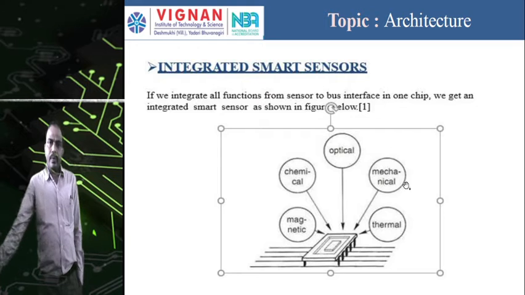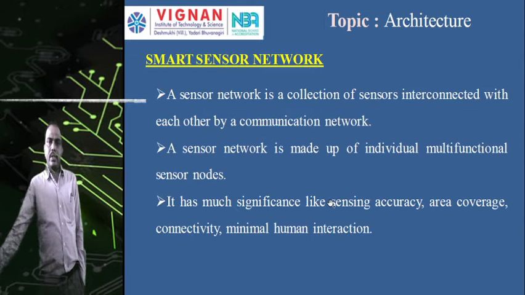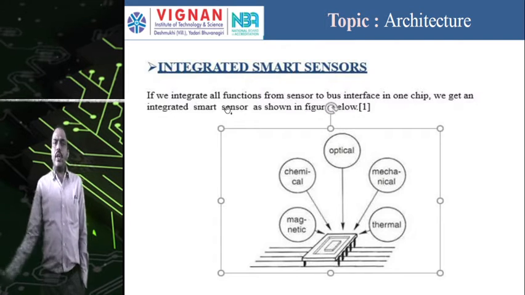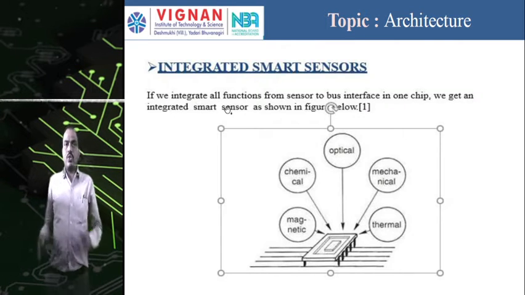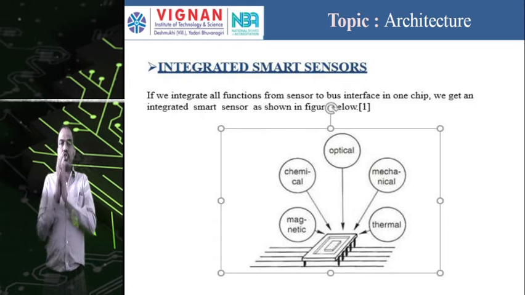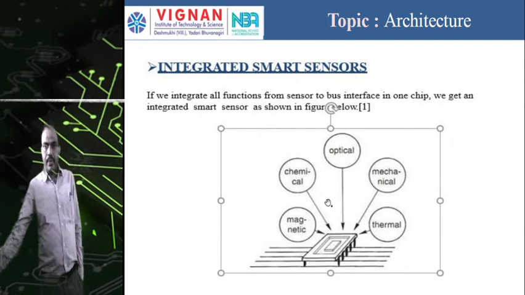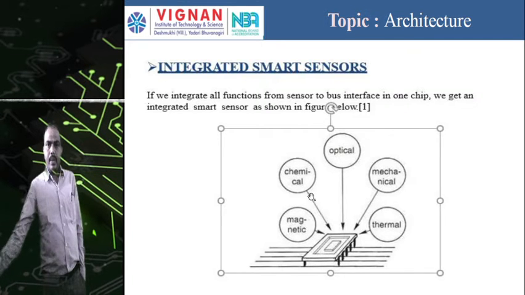Now simply we can also say like this: if we integrate all the functions from the sensor to some bus interface in one chip, we get an integrated smart sensor as shown in the figure. Here all the sensors are in the same chip: magnetic sensors, chemical, optical, mechanical, thermal, all interfaced through some bus and integrated on a chip.